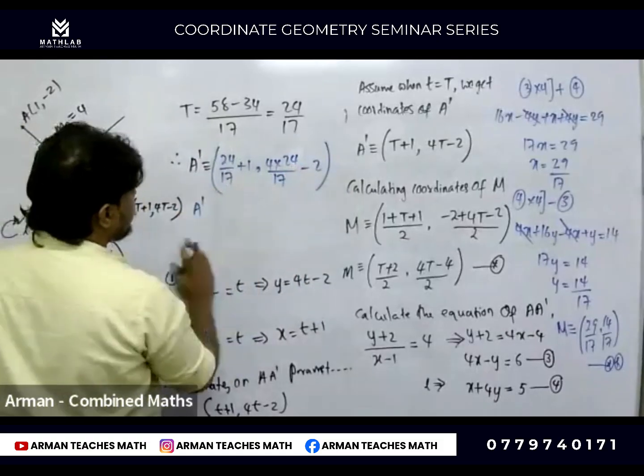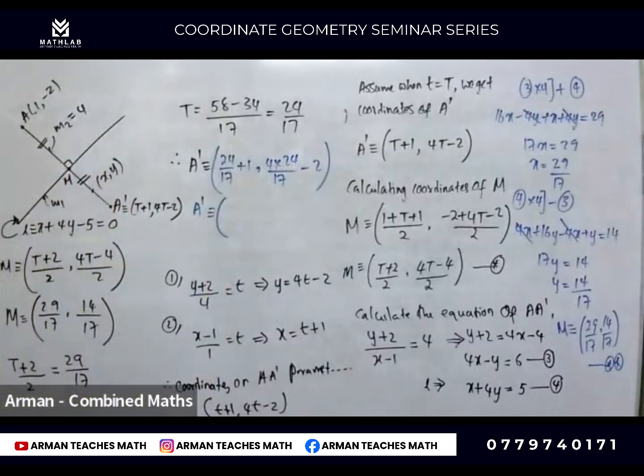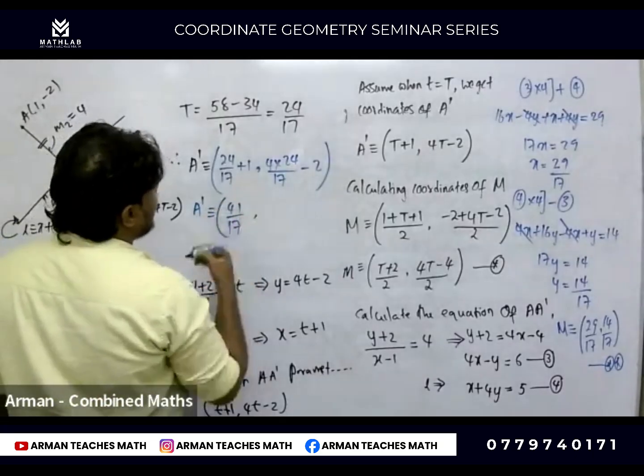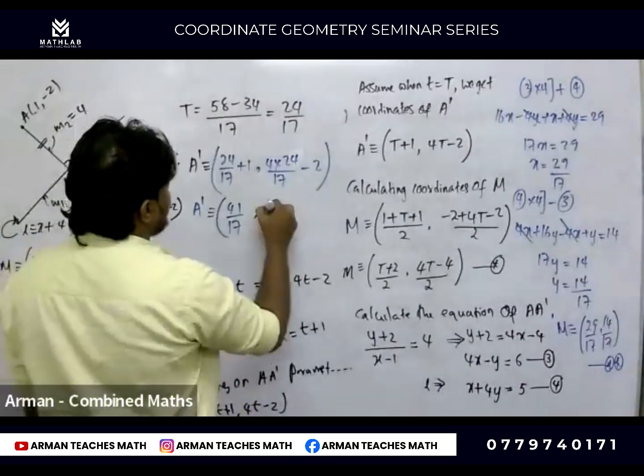So A dash gives you (24 plus 17) over 17. 24 plus 17, how much is that? 41 over 17. Comma. 4 times 24 is 48 minus 34 over 17. 48 minus 34 is equal to 14, 14 over 17.